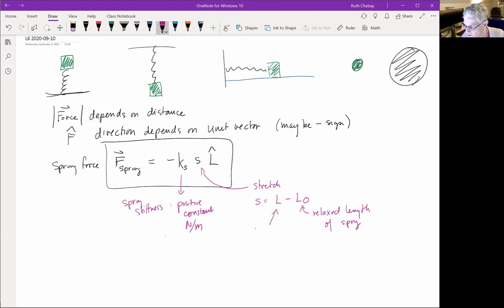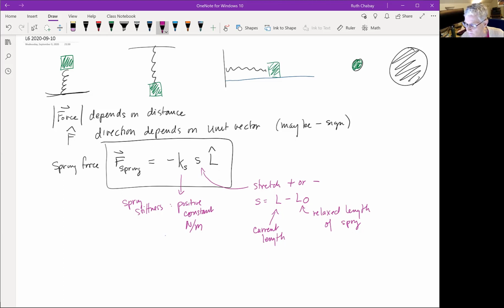And this is its current length. And you can see that stretch can be positive or negative. Because if the spring is stretched, it's going to be a positive number because it's longer than its relaxed length. But if it's compressed, it's shorter than its relaxed length, so that's a negative number.